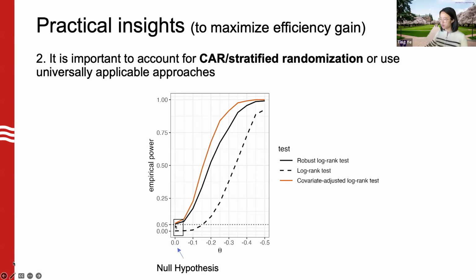But if you correct the conservativeness that we proposed in a JRSSB paper earlier, it can lead to efficiency gain. But if you further adjust for covariates, so adjust for the stratification factor as well as other covariates, then the covariate adjusted log rank test can give more efficiency gain.